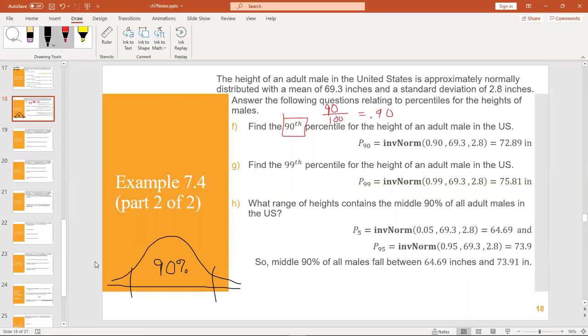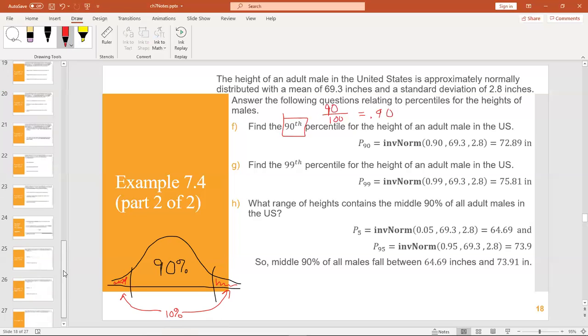So that means this part on the bottom end and that part on the top end must account for 10%. There's 100% total. The leftover 10% that we have not yet made use of has to be split between this bottom end and this top end.